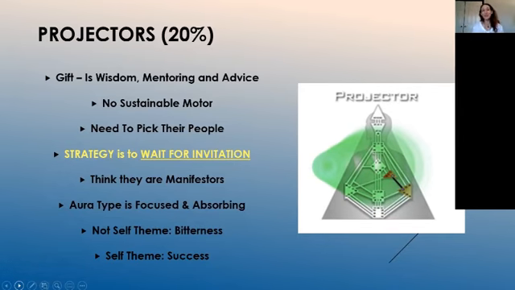If they're not acting from their right strategy, they are constantly talking. They're the ones who say, man, I had an idea for somebody. I went right up to the business owner and told him if he just did this, this, and this, it would have been better. And nope, he never called me back. The problem with that is that's a projector trying to act like a manifester. That's a projector trying to make things happen in life.